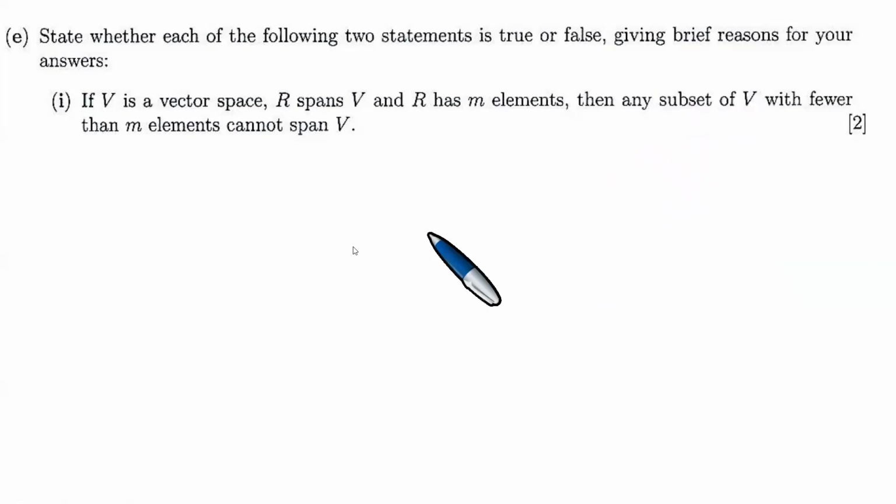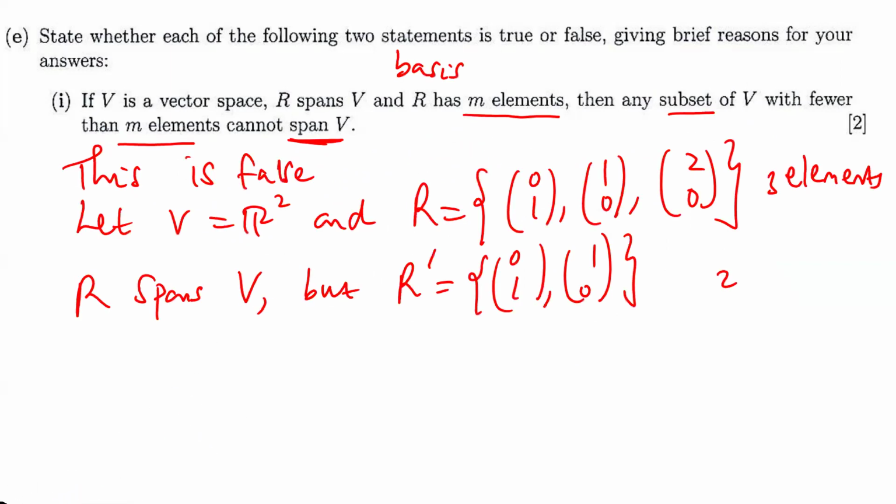All right. So we're saying if V is a vector space and R spans V and R has M elements. Where was I writing now? Okay, we're here.